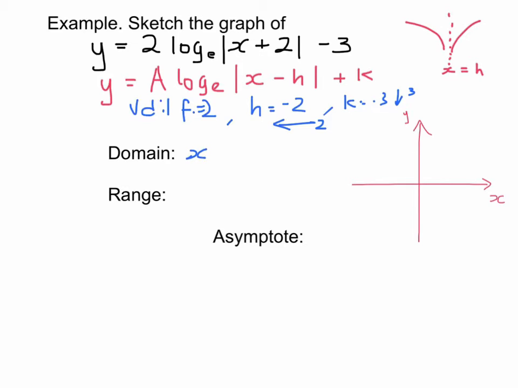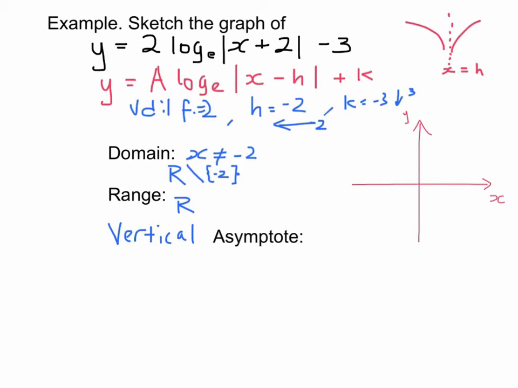So we say x is not equal to -2, or you can say R with the backslash and then the curly brackets with a -2 there. The range is R, and hopefully you can see that because it goes all the way down and up again. So our rough sketch, the asymptote is a vertical one. That's because it's logarithmic.